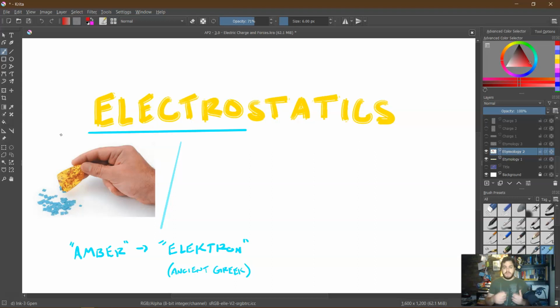And so, it was kind of assumed that this had something to do with magnetism. They knew about magnets at least a few hundred years later, and so it was assumed, okay, this is probably the same thing. That was the prevailing view for about 2,000 years, until about the 1600s, when a scientist by the name of William Gilbert, he was English, experimentally investigated and determined, no, this is a separate phenomenon from magnetism.